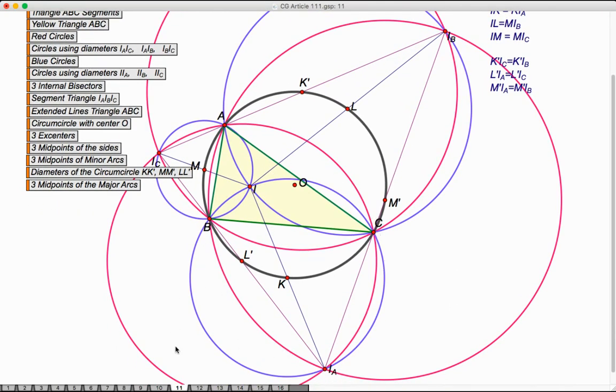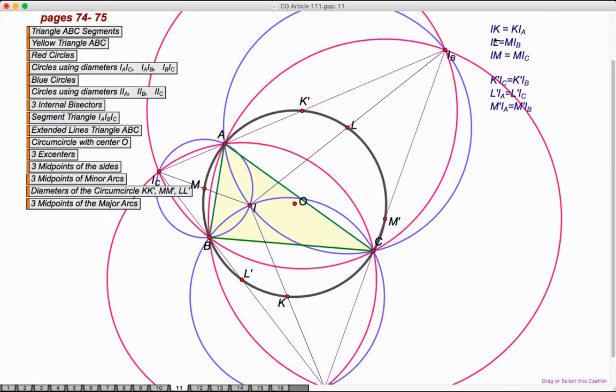This particular circle has diameter I I sub A, and we know that it passes through this particular center, which is point K, and it lies on the circle O, okay? And that is IK is equal to KI sub A. That's for the first one.